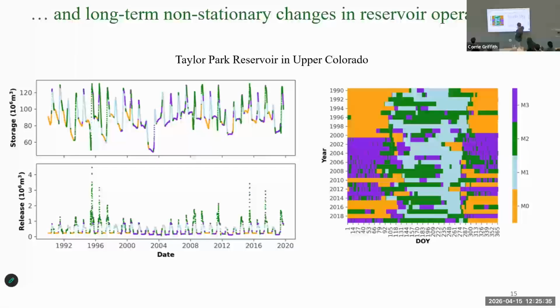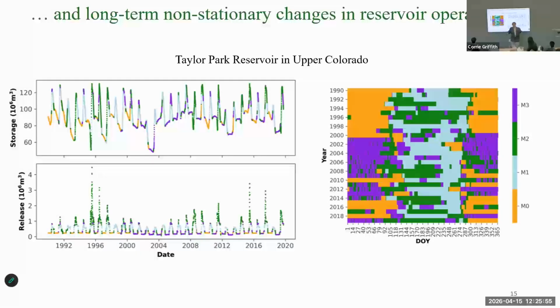And then because of the impact of drought, there were several years of drought events, starting from 2002 and ending around 2008. In this time, you can see that the module is shifted from module 0 more to module 3.